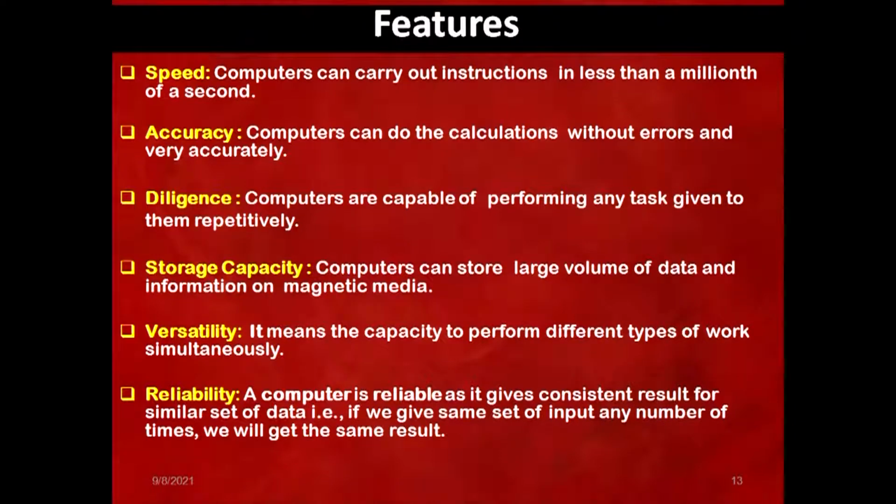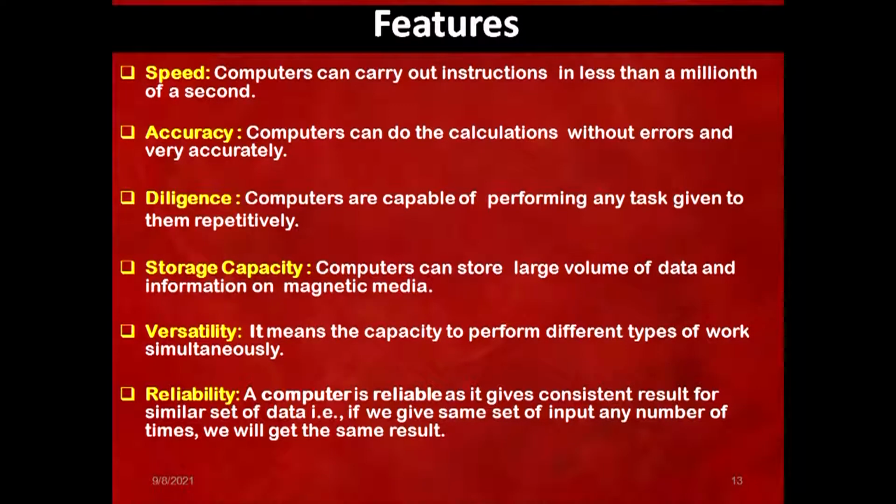Speed: a computer works at a very high speed, and can carry out instructions in less than a millionth of a second. The second feature of computer is accuracy. Computers can do calculations without any errors.